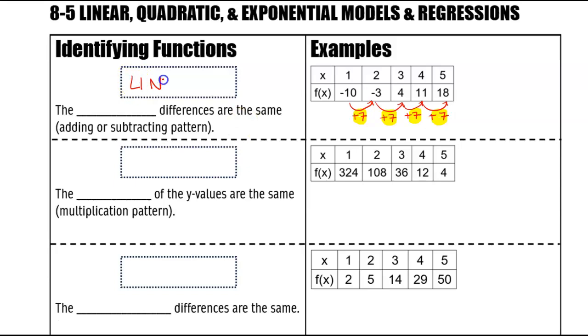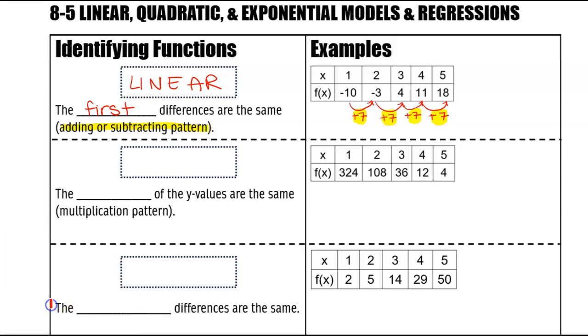So this is called a linear function because the first differences are the same. And what I mean by differences is the difference between our y values as I'm going along the table. This we also talked about back in the day as being an adding or subtracting pattern.